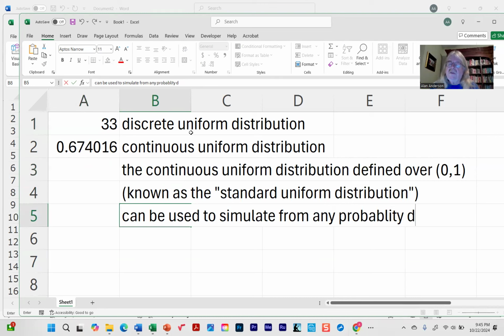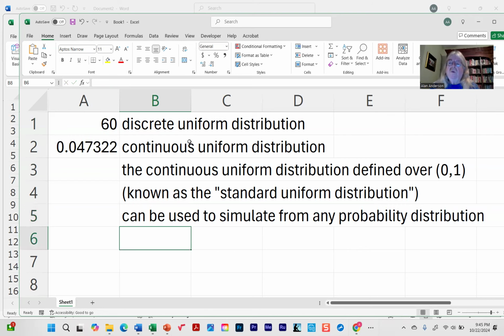In other words, I can use that as the starting point for simulating normal random variables. That's interesting because that's what's built into Excel.